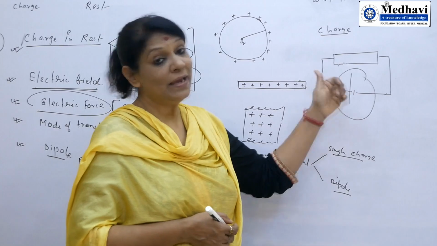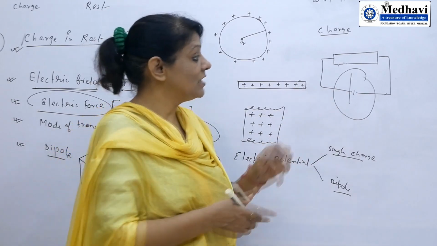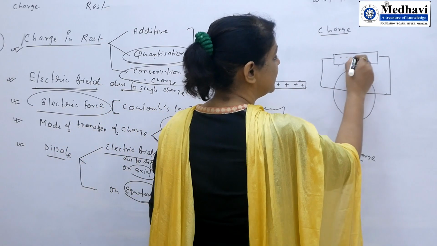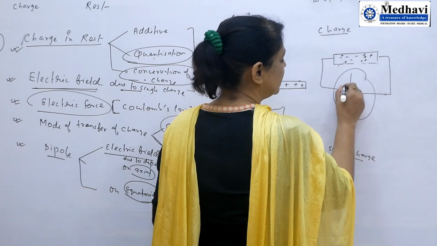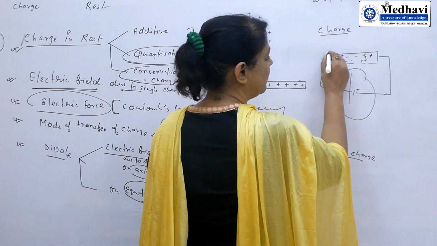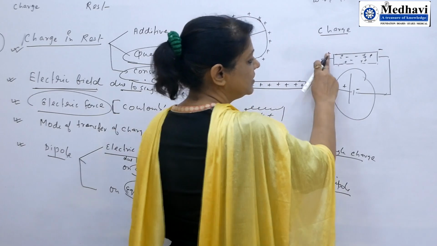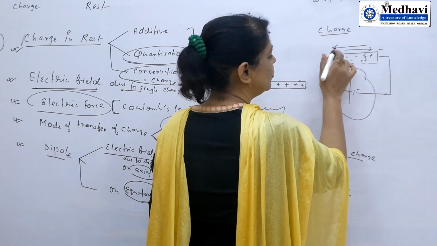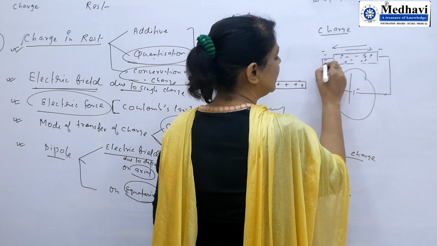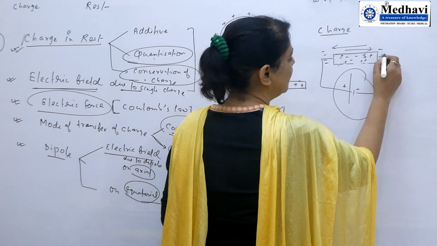So when we apply a battery or cell, suppose it has positive and negative plates. The positive charges will move this side, the negative charges will move the other side. So this zone becomes entirely negative, and this entire zone becomes positive.